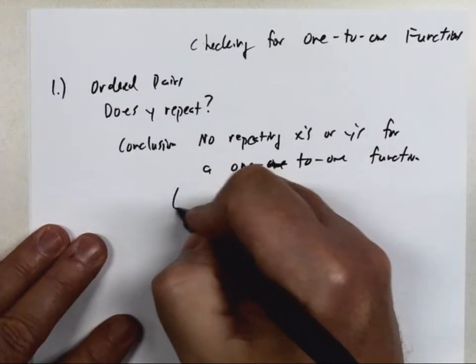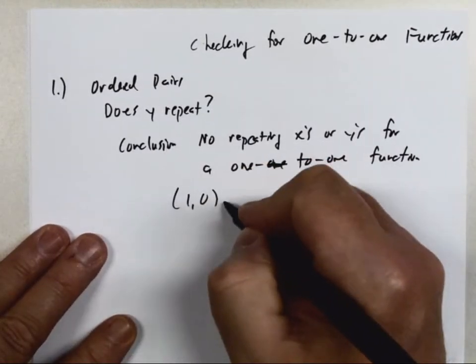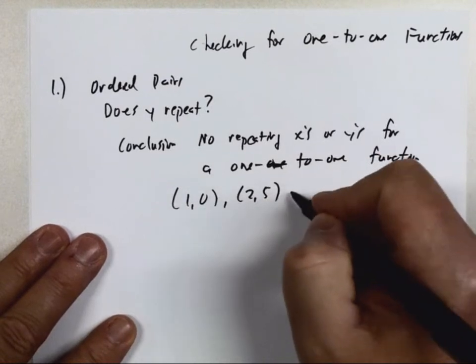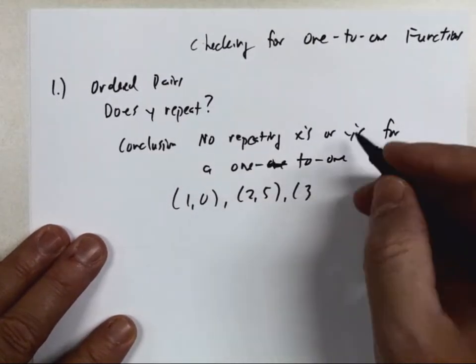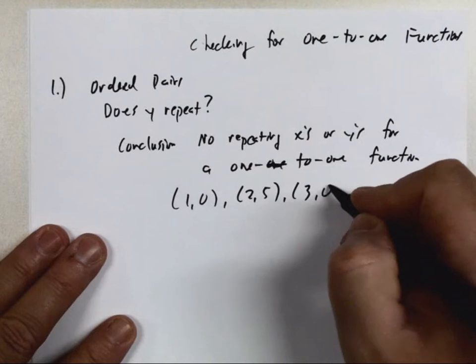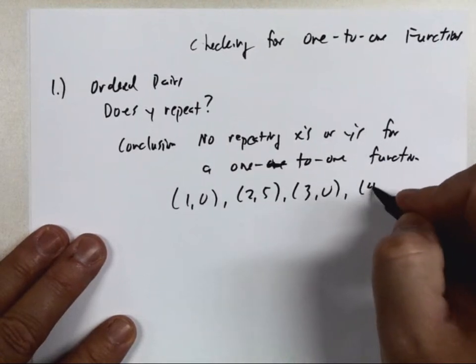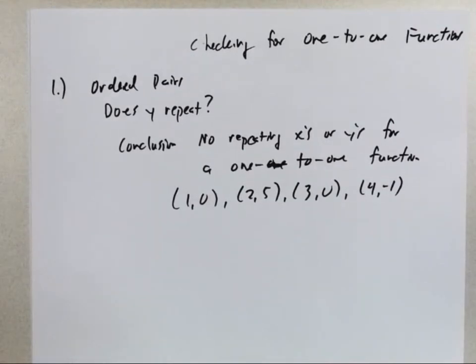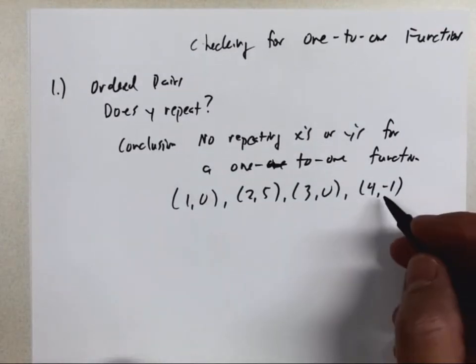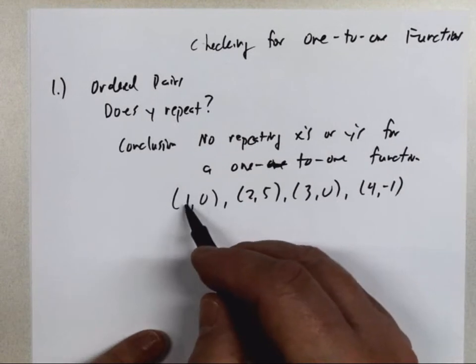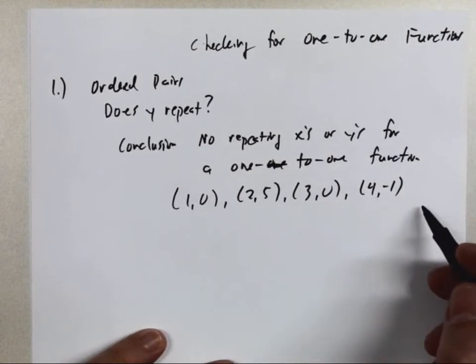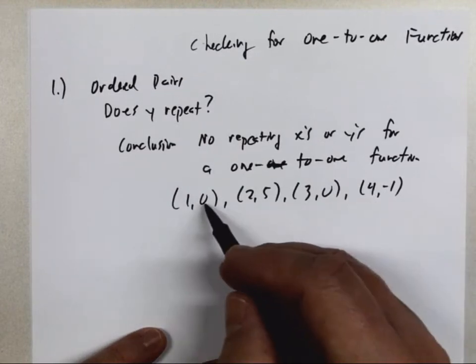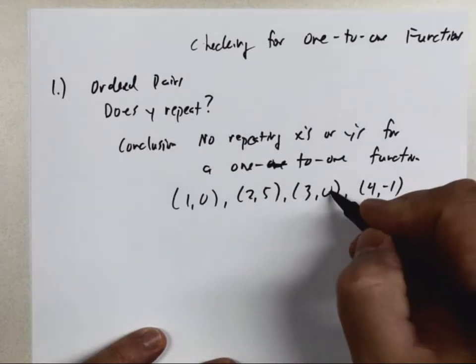So for example, first question, here are four ordered pairs. Are they a function? Check the x's: 1, 2, 3, 4. Yes, it's a function. But now, is it a one-to-one function? So now I check the y's: 0, 5, 0, negative 1.